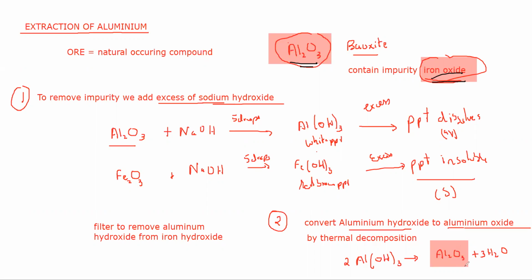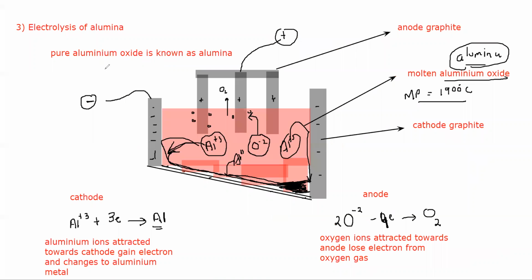Then we supply heat energy so that aluminum hydroxide decomposes to form aluminum oxide and water. The aluminum oxide which we get, we place in an electrolytic cell. In this electrolytic cell, the base is not flat, it is slanted. The reason for a slanted base is that when aluminum is formed, it will slide down and be extracted or deposited at one place. That's the reason why we have a slanted base.